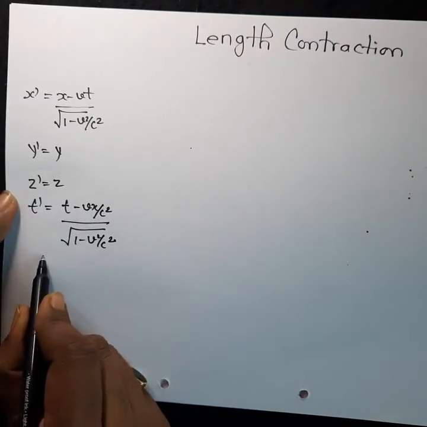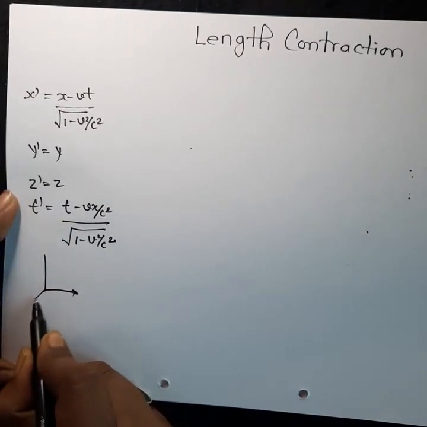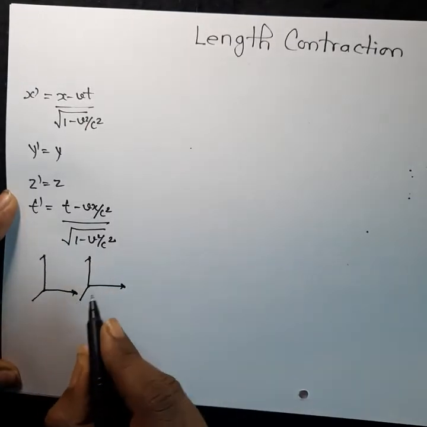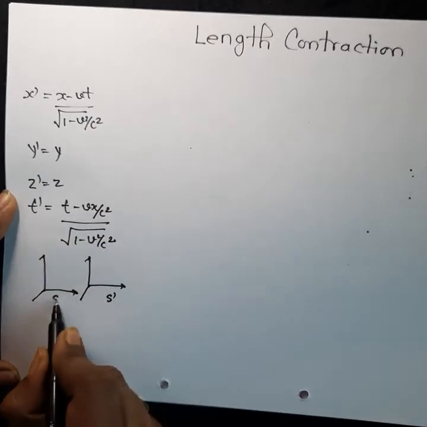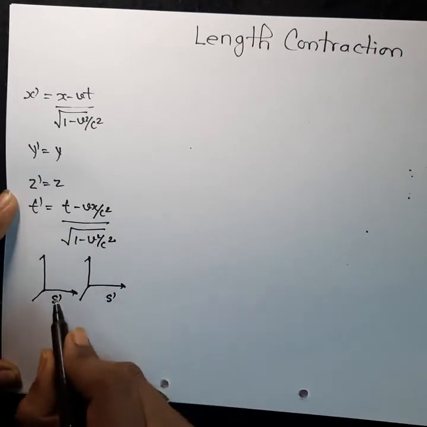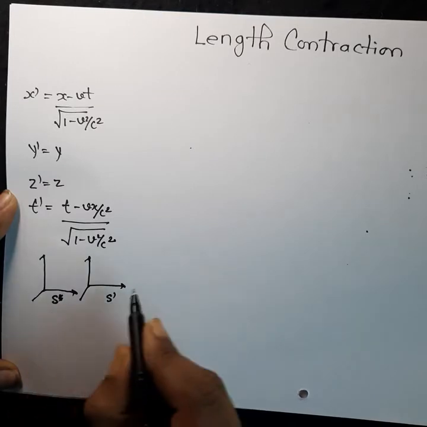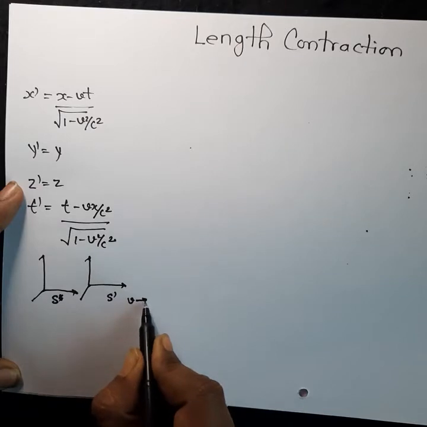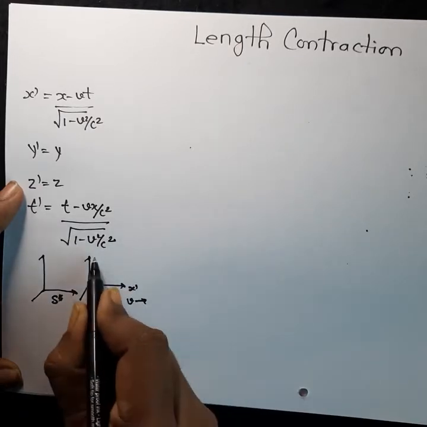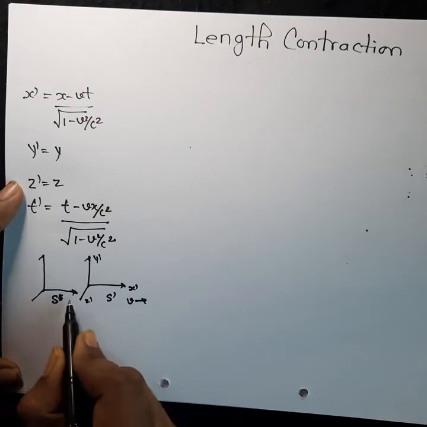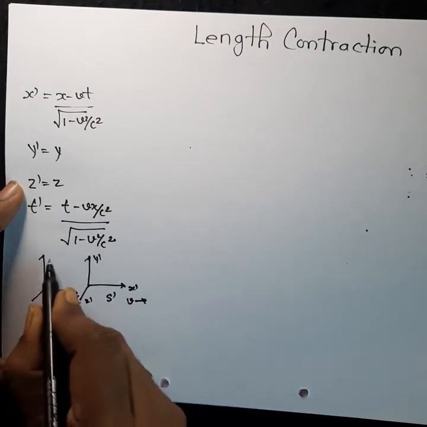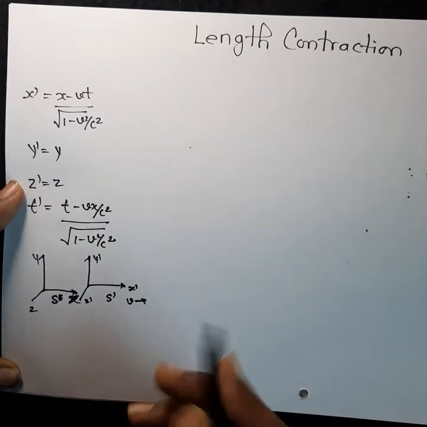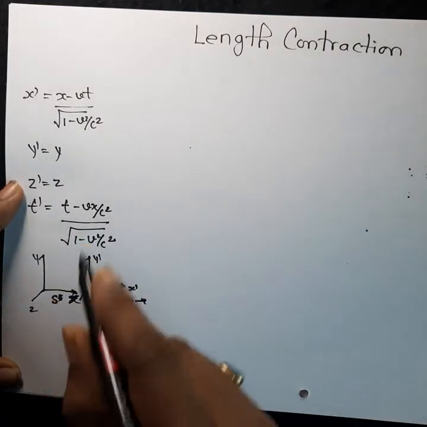For example, suppose there are two frames of reference, S' and S, and you assume that S' is moving with velocity v in the positive x direction, and the y axis and z axis are parallel to each other.